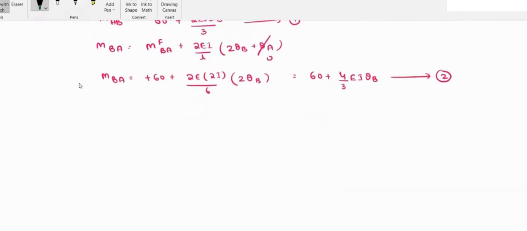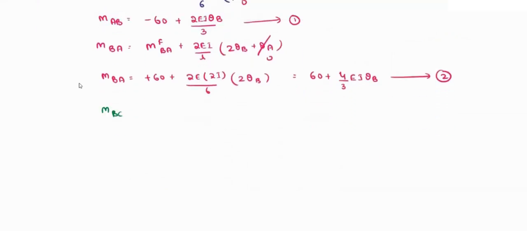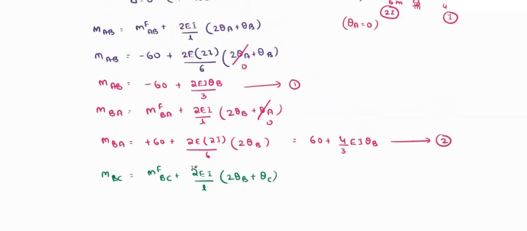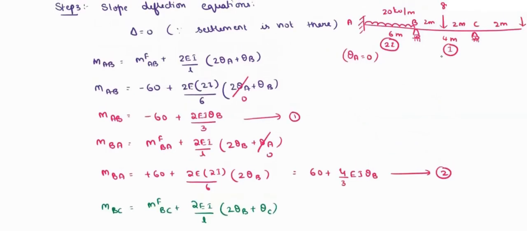Now coming to the next one, that is your MBC. So MBC will be equal to MFBC plus 2EI by L into 2 theta B plus theta C. Here theta B and theta C both are your unknowns. So you can just substitute. Here your MFBC value is minus 40, and the moment of inertia is I only.